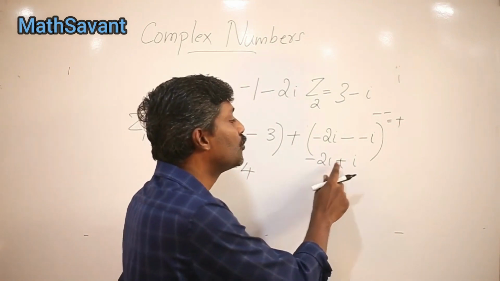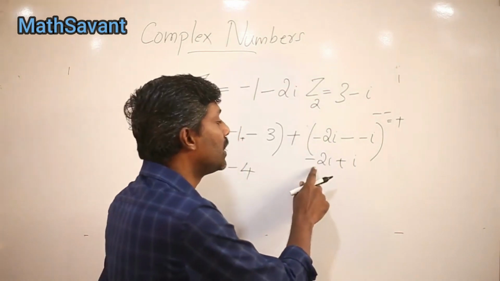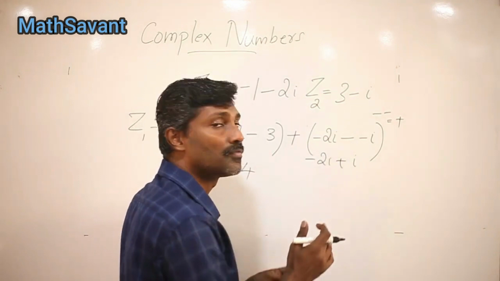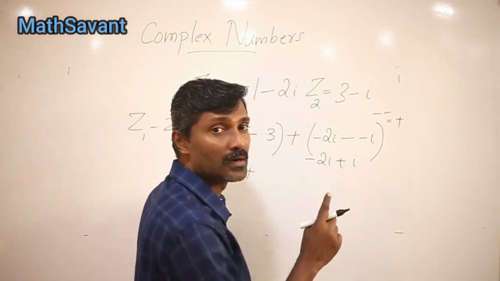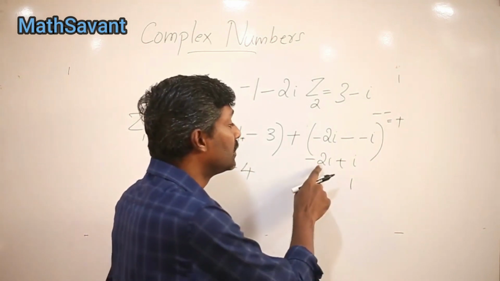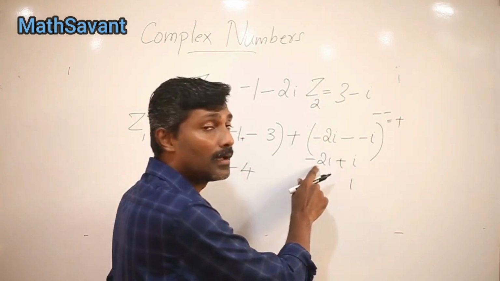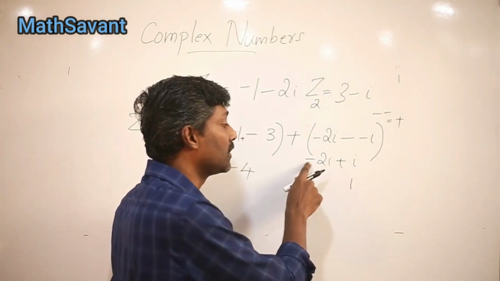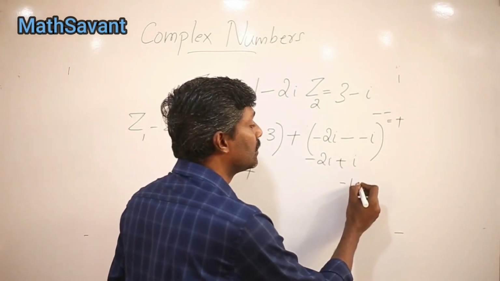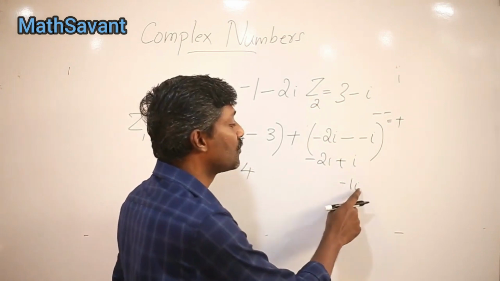So this is basically 2 minus 1. i means 1i, right? So minus 2i plus i means this is negative, this is positive, so find the difference. 2 minus 1, which is 1, right? Now which is bigger? Here you have 2, here you have 1i. So 2 is bigger and its sign is negative. So give the negative sign and put the i value. So minus 2i plus i is nothing but minus 1i.